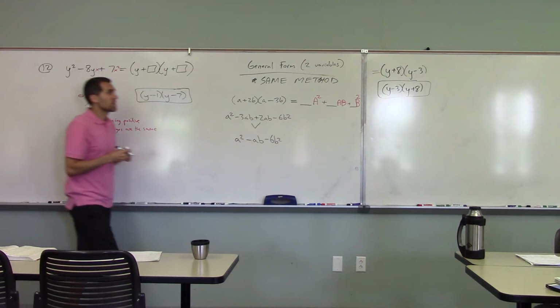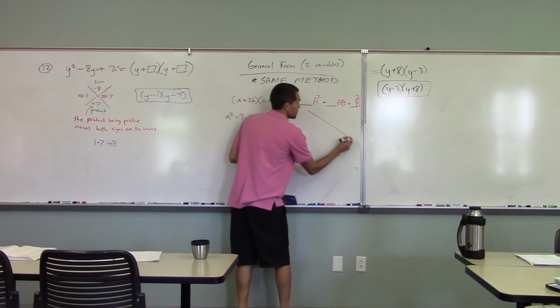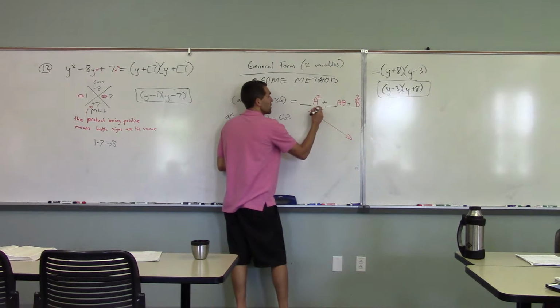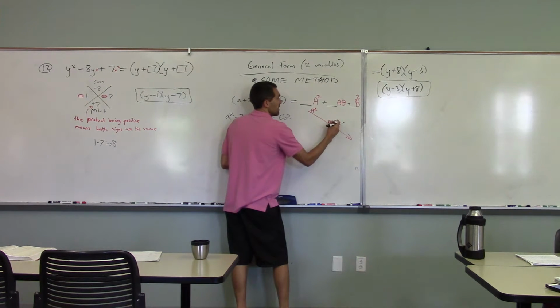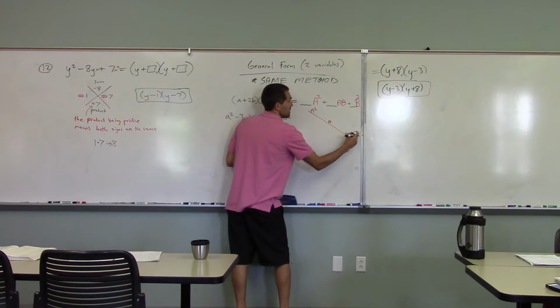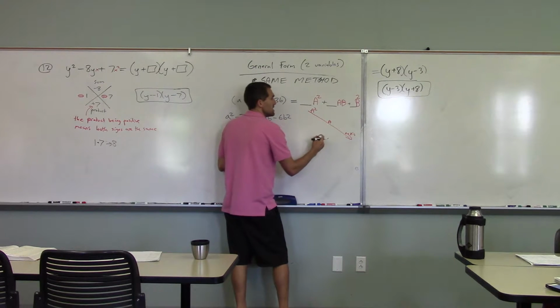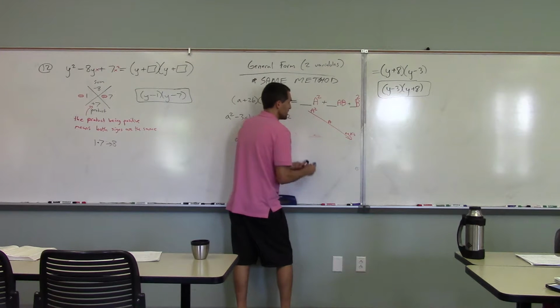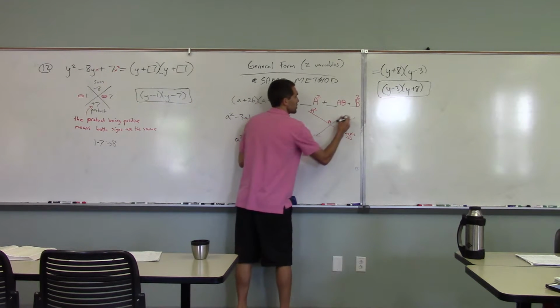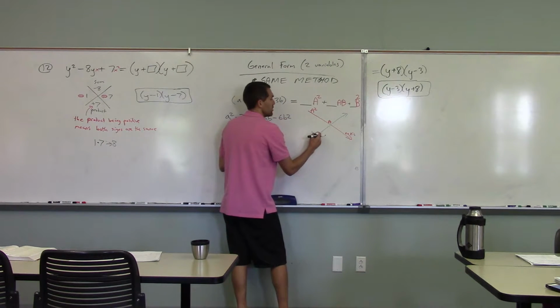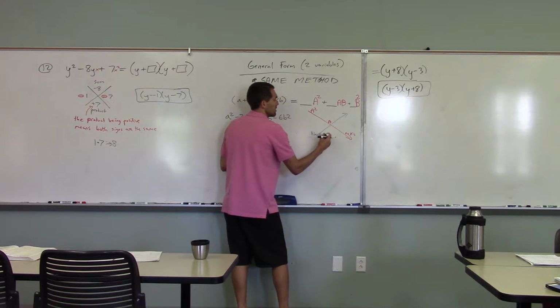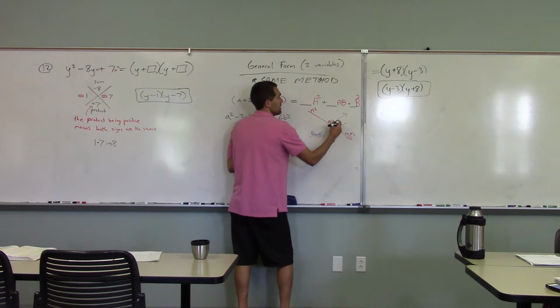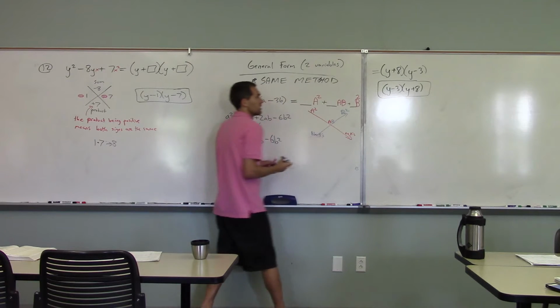So the way I think about this is my a's are decreasing. I have a squared, I have a, and I have no a's. My b's are increasing in degree, so I go from no b's to one b to b squared.